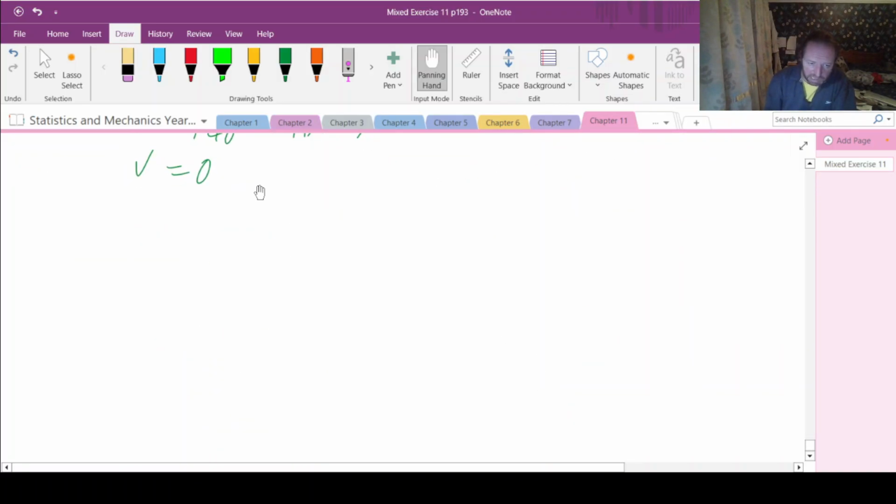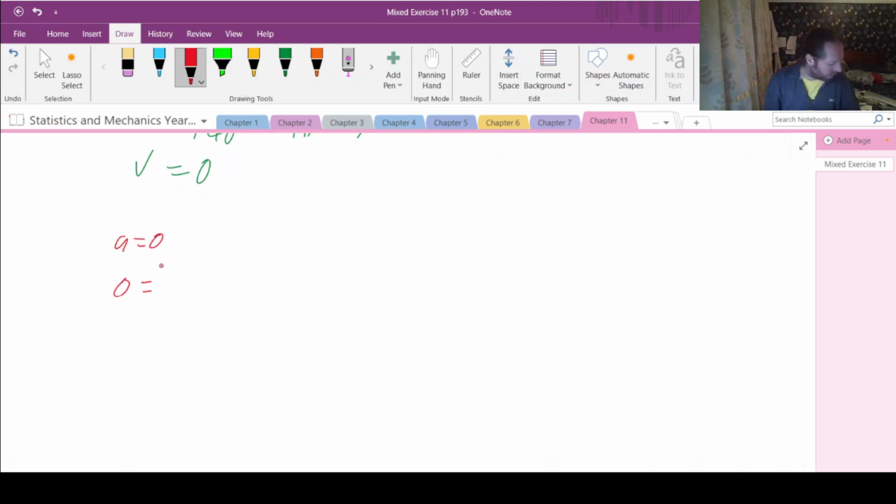So if we set acceleration equal to 0, 0 equals 20 minus 6t, we get t equals 20 over 6, which is of course 10 over 3.